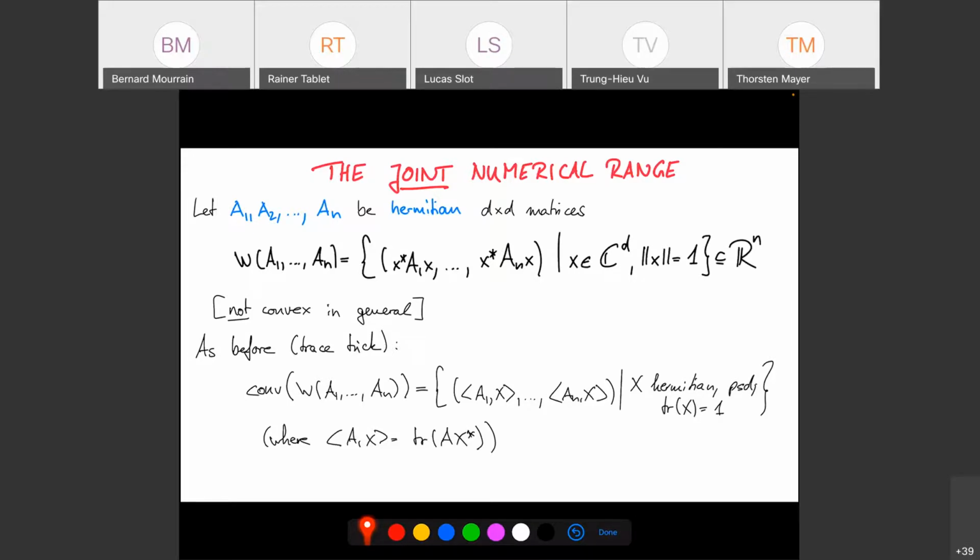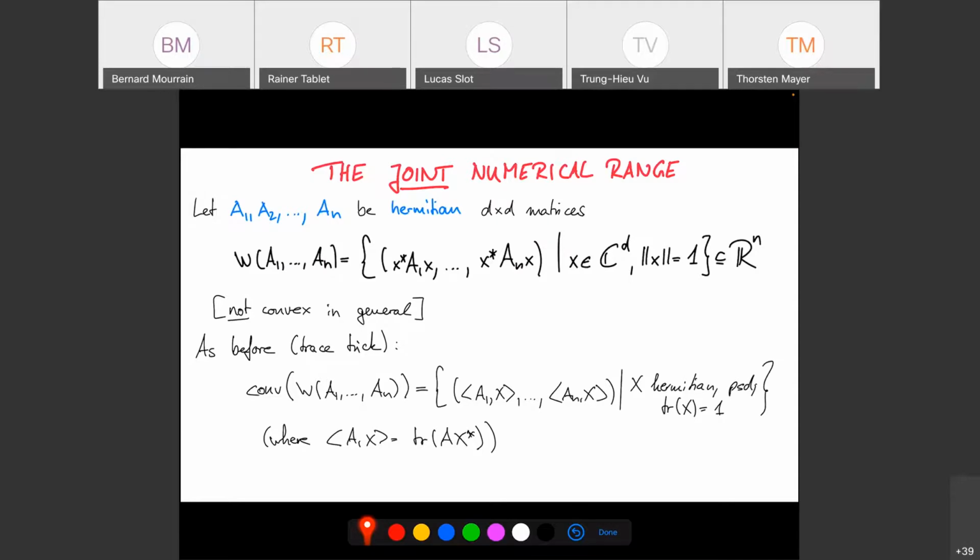So of course, the trace trick that we did before still works. We can write x star A x still as the inner product of A_i with x x star. So we can still consider the joint numerical range as the image of a projection of the Hermitian PSD matrices with trace 1 and rank 1. So now if we drop the rank constraint, we take the convex hull upstairs, we then project, so we get the convex hull downstairs because everything is compact.